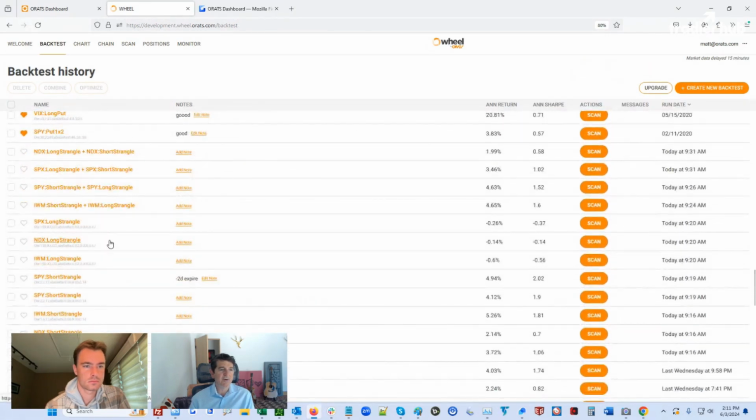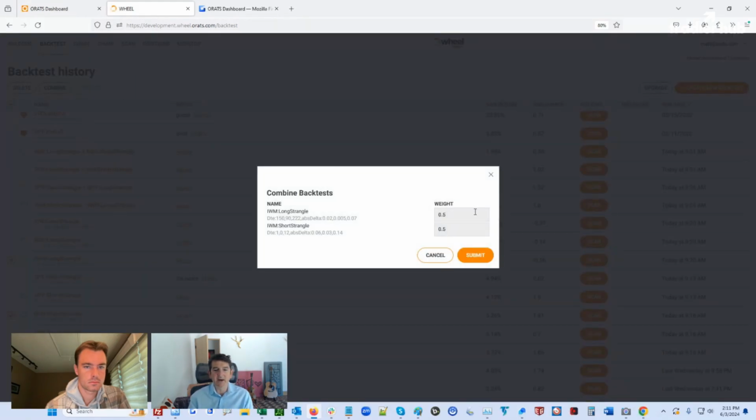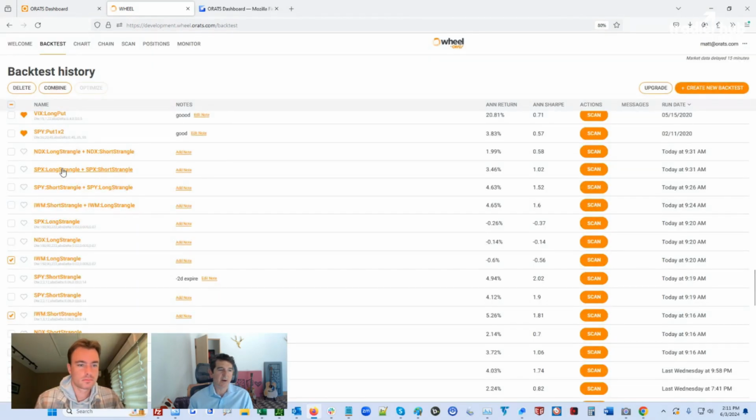This is a real neat feature, and it allows almost infinite flexibility, because you could take the long strangle and the short strangle and combine them in any weighting that you want. I just did 1-to-1 and combined it. So that's how we got the strategy that we were looking at before. Got it. That makes sense.